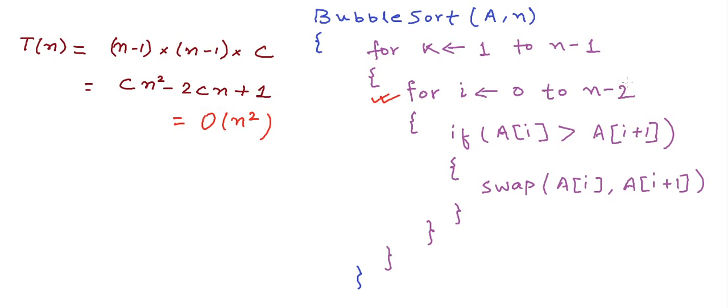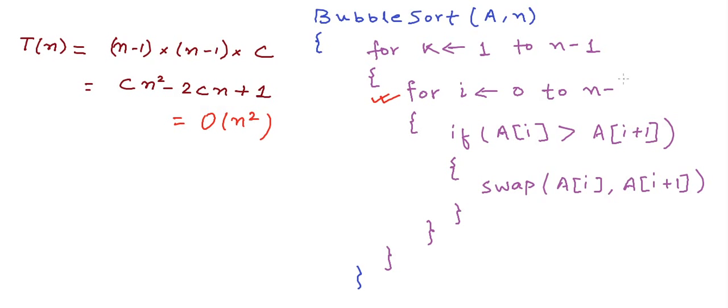As we had discussed earlier, at any stage during the sorting, the array will have some part as sorted and some part as unsorted. There is no point passing through the sorted part because there will be no swapping in that part. For the first pass, we can run this inner loop till n minus 2. For the second pass, we can run this inner loop only till n minus 3 and we will be good. For the third pass, we can only run till n minus 4 and so on.